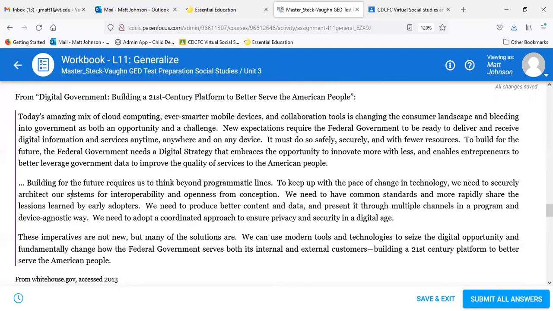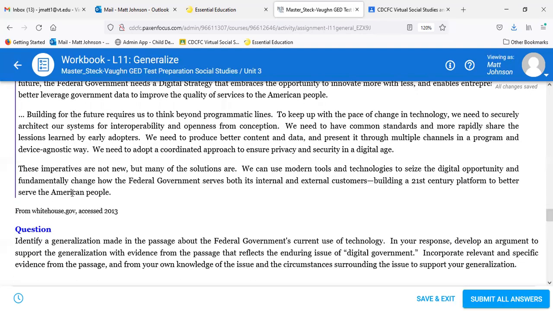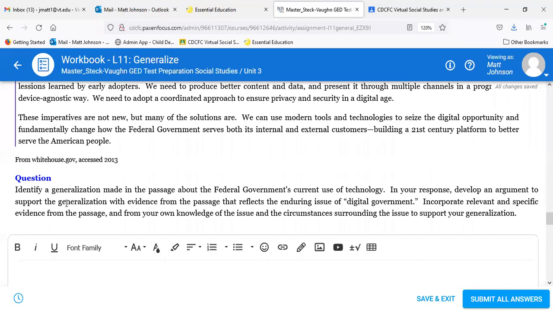We have a little writing exercise here. Always when we get to a writing exercise, we want to read the question first so we know how to answer. We look for the evidence we need as we're reading. So the question for number 5: identify a generalization made in the passage about the federal government's current use of technology.